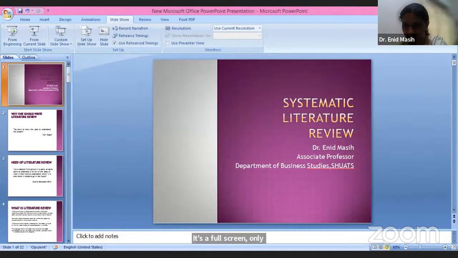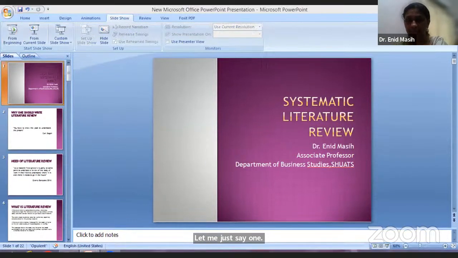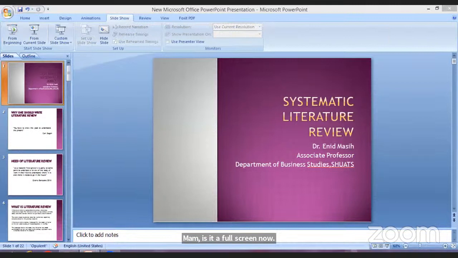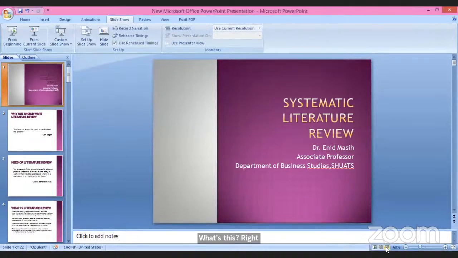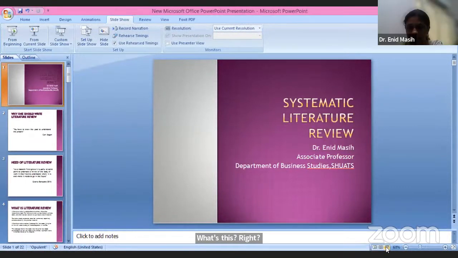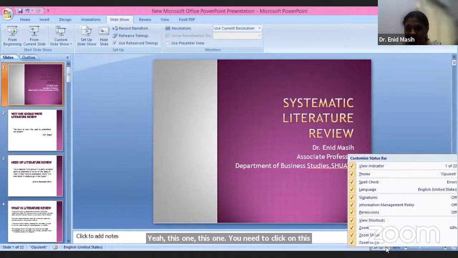Let me see one more time. Convert your PPT into full screen. Ma'am, is it full screen now? No, ma'am. Dear professor, you need to click on the right side button. You can see the PPT mode is there. Check your screen towards the right. Yes, this one, you need to click on this. I'm clicking on that only, ma'am. Just a second.